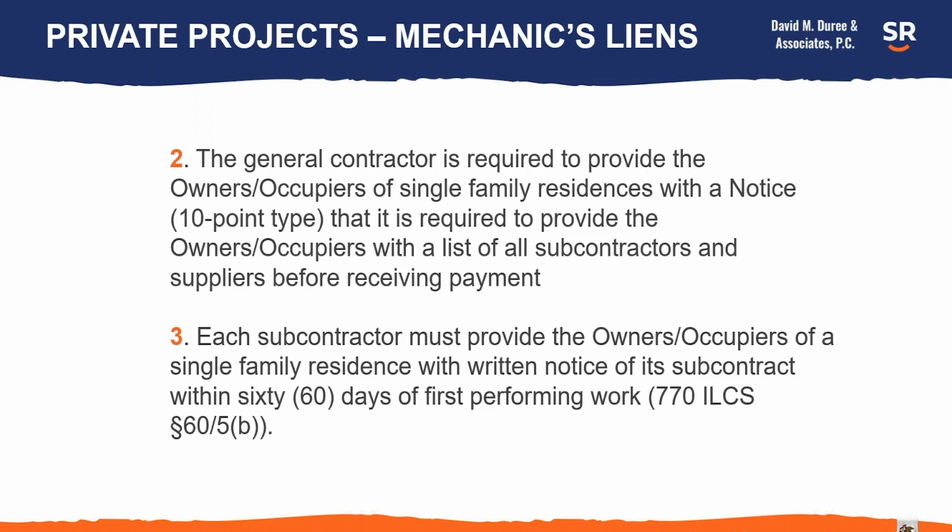But if the general contractor has already notified the occupier or owner of the single-family residence, the subcontractor does not have to give additional notice to the owner or occupier.